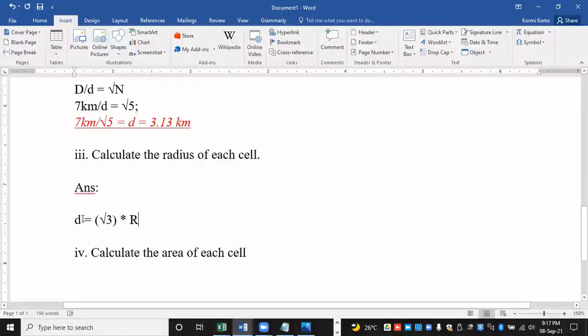Since we already know what d is from the previous question, we can just plug that in, and that should help us find what r is.